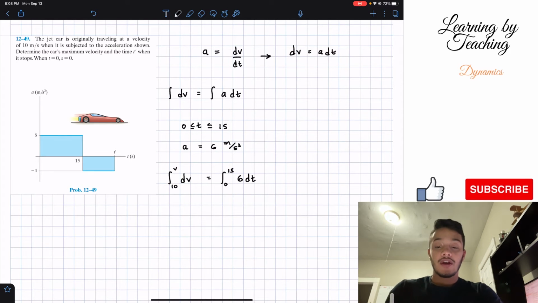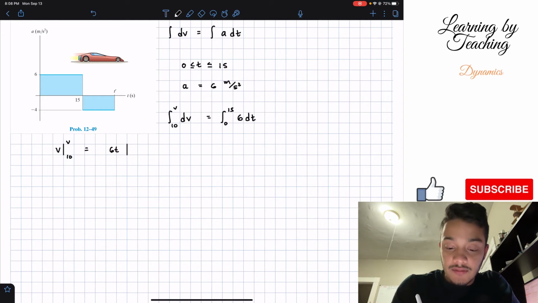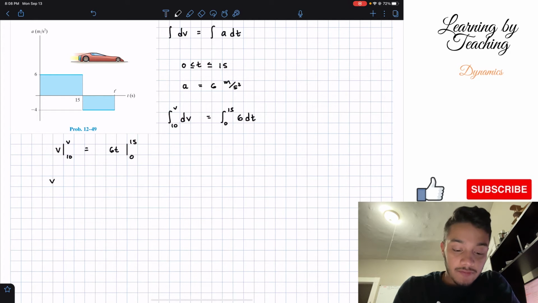So now if we do the integral on our left side, we'll have that the integral is just v evaluated from 10 all the way to the final velocity, which has to be equal to 6t. That's the integral of our right side, which is going to be evaluated from 0 all the way to 15. If we put our boundary conditions in our left side, we'll have v minus 10 has to be equal to 6t.